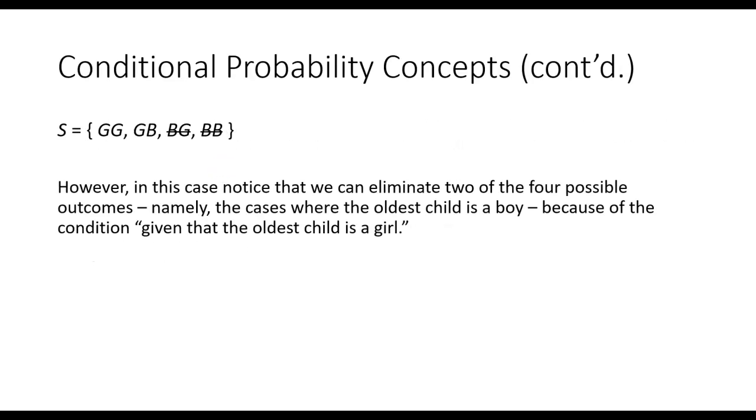Only in this case, notice that we could eliminate 2 of the 4 possible outcomes, namely the cases where the oldest child is a boy, because of the condition that we were given that requires that the oldest child is a girl. So now the probability that I have 2 girls, given that the oldest is a girl, is 1 out of 2 remaining outcomes, and therefore the probability is 1/2.